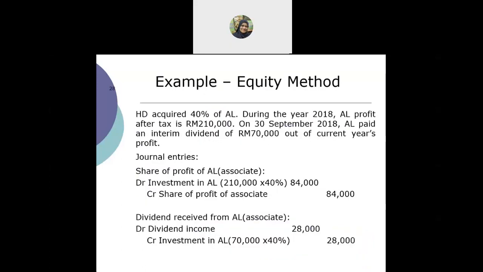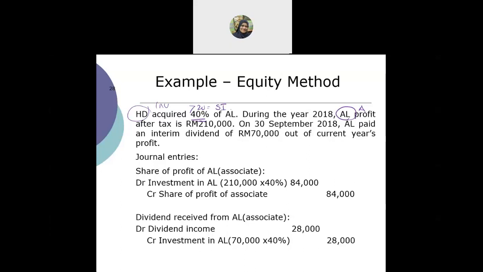So let's look at this example. H acquired 40% of AL. During year 2018, AL's profit after tax is 210. So they have a profit. AL here is the associate, and H here is the investor. They have 40%, which is more than 20%, so it is considered significant influence.